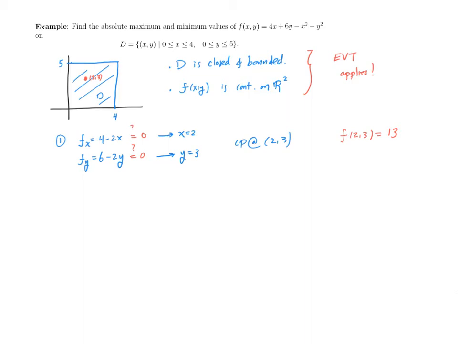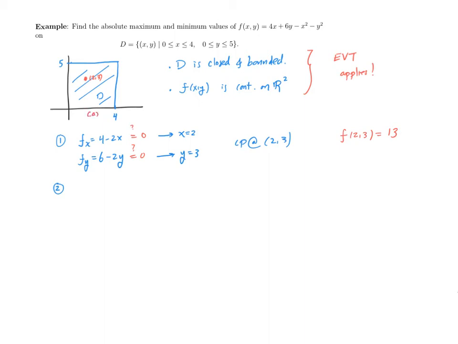The second part of the extreme value theorem from a procedural standpoint is we need to know what are the absolute maximum and minimum values along the boundary of D. So that would be around this rectangle that makes up the outside of the region D. And the best thing that we could possibly do here in terms of approaching is break it into pieces.